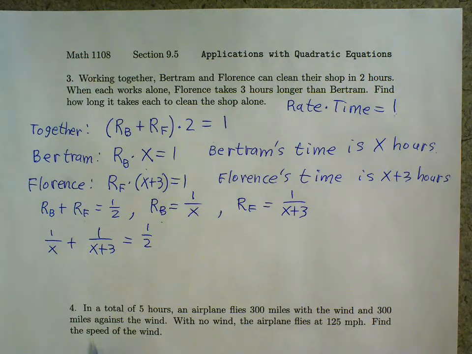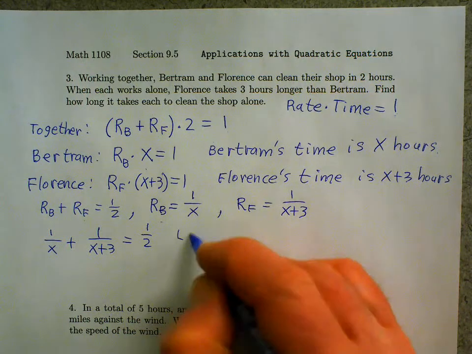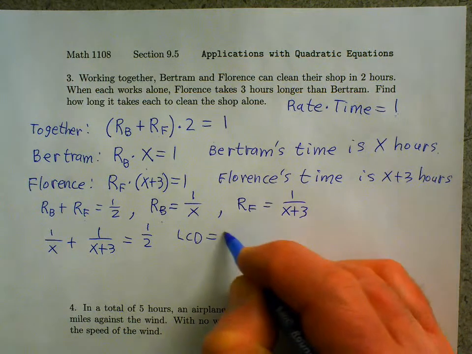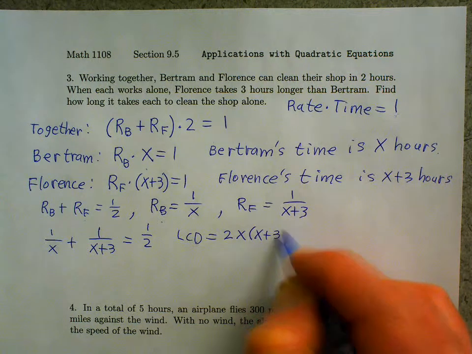Well, we've seen how to solve equations like this before. The restricted values are X equals 0 and X equals -3. The least common denominator is 2 times X times the quantity X plus 3.